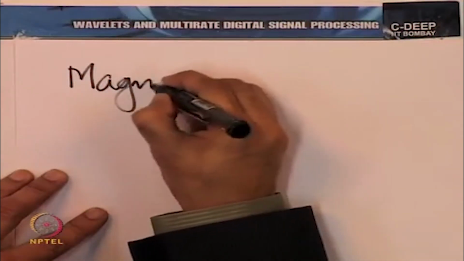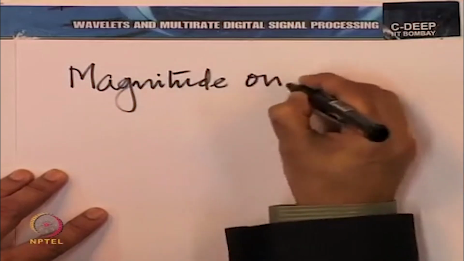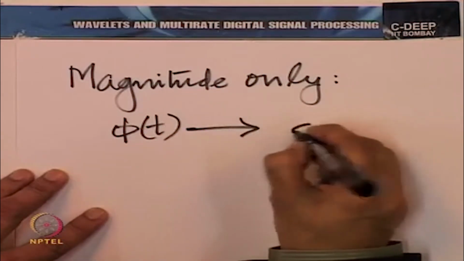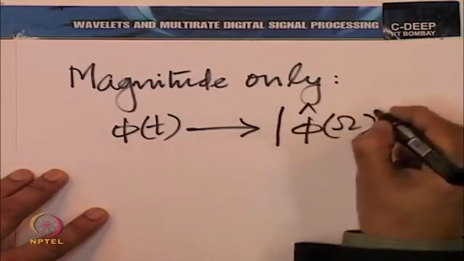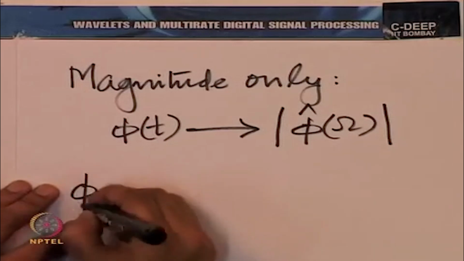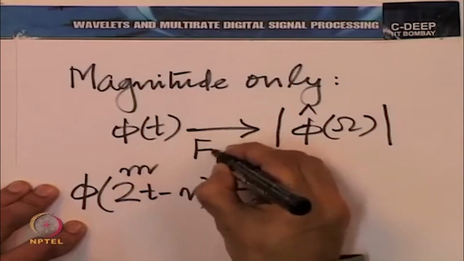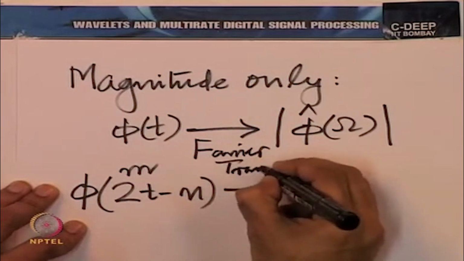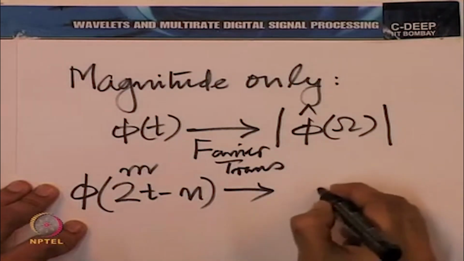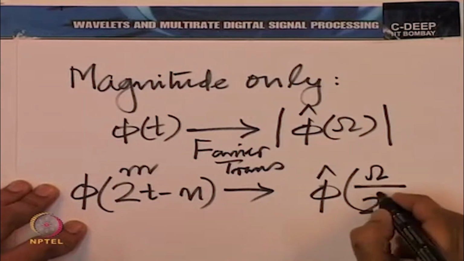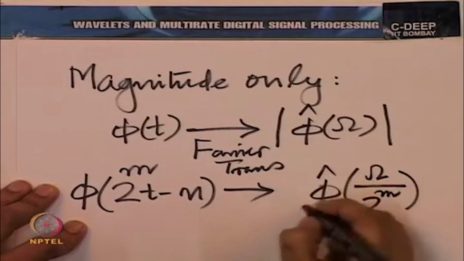So, here if I restrict myself to magnitude only, then phi t has the Fourier transform phi cap omega with a magnitude of mod of this, phi 2 raised to the power of m t minus n would then have a Fourier transform mod phi cap omega divided by 2 raised to the power of m, of course, with a constant.